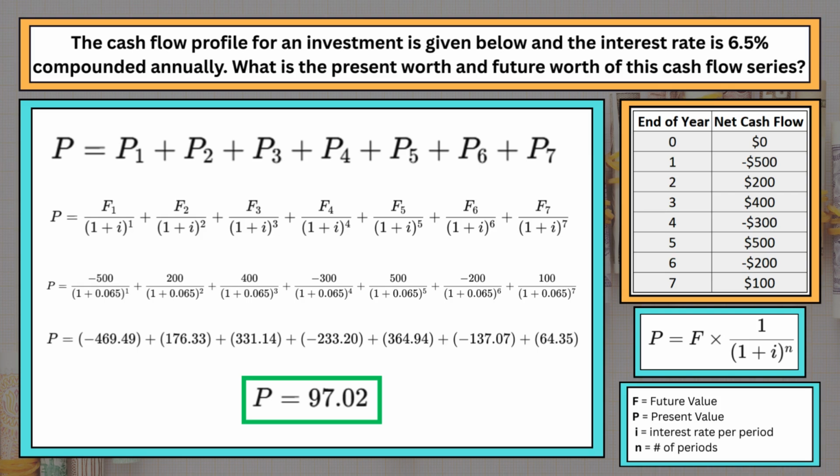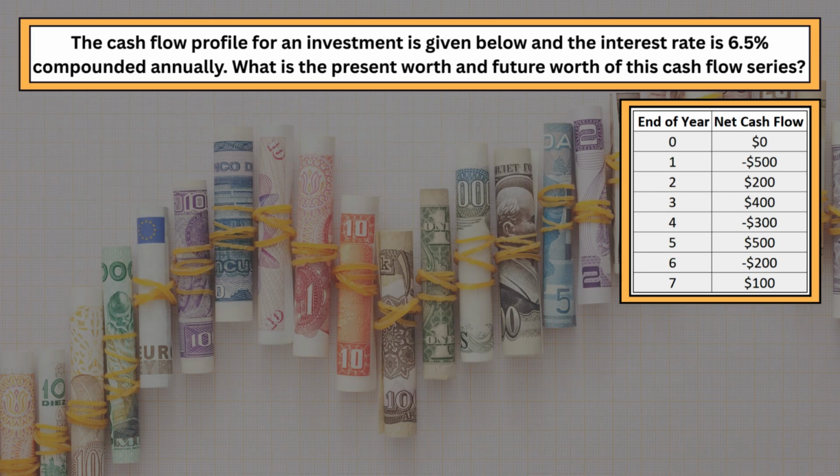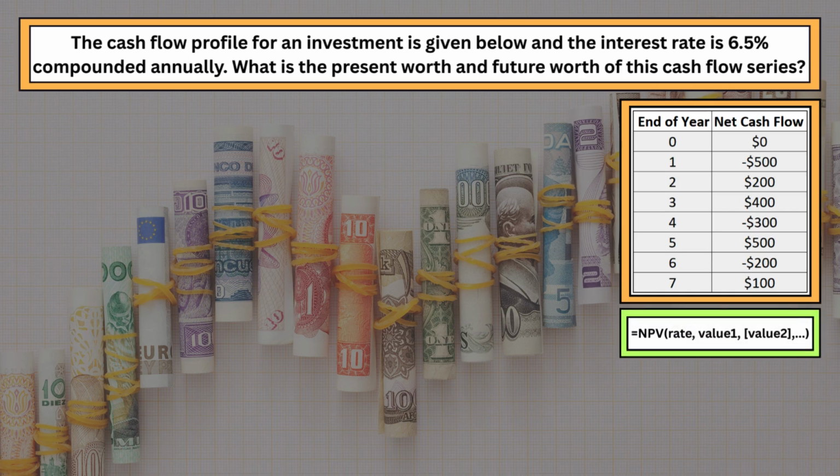Normally, we'd have to discount each cash flow one by one and then add them up as seen below. However, Excel can easily do all this math for us instead by using the NPV function. By providing the interest rate and the range of cash flows, it automatically applies the discount factor to each year's value, then sums them up.